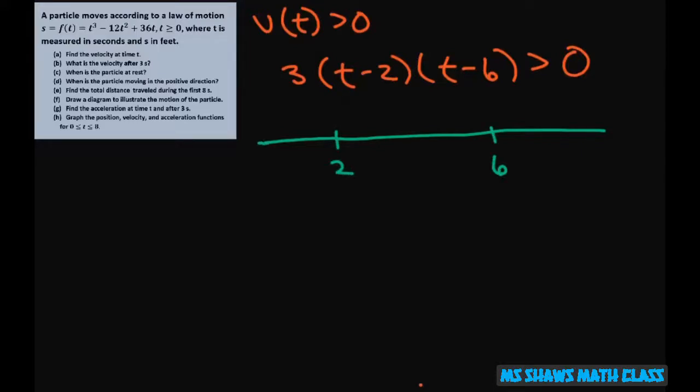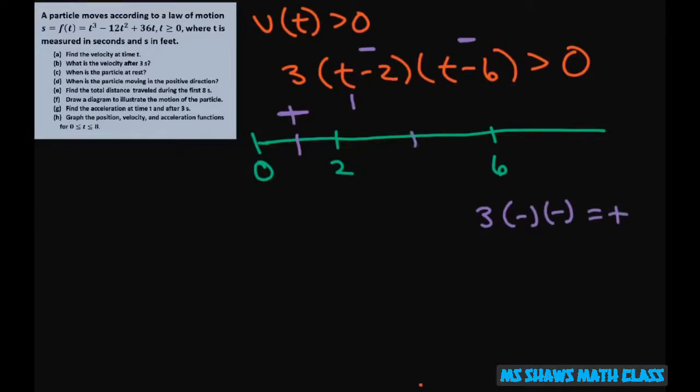And usually start at 0 for time. We've got to figure out if it's positive or negative. So if I plug a 1 in here, that's going to end up being negative. And if I plug 1 here, it's negative. So from 0 to 2, it's going to be positive, because you have 3 times a negative times a negative. So that's going to equal positive.